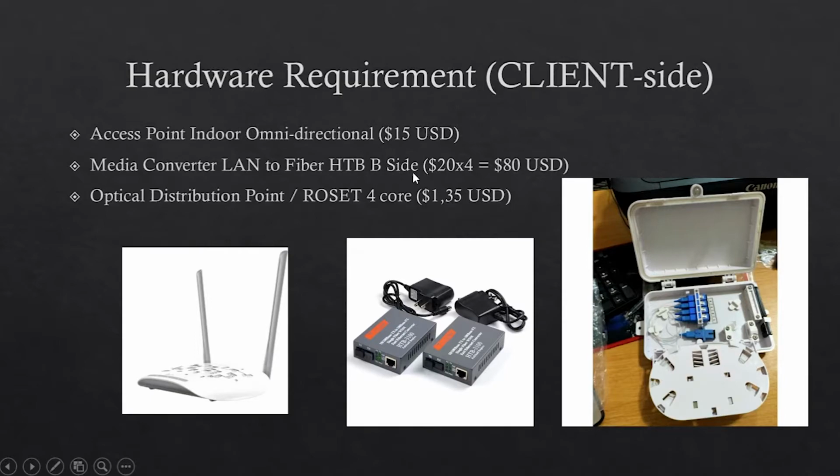B-side because I'm using 4-core fiber optic, so I will multiply that by 4. And you also need an optical distribution point, or ODP, also known as a rosette, that handles 4-core fiber optic. This is the rosette, this is the media converter, and this is the access point.